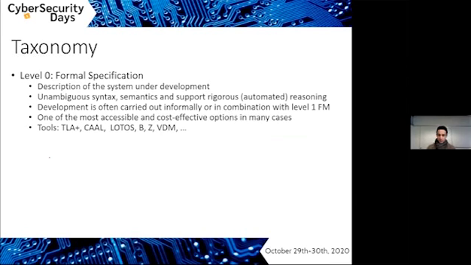And surprise, surprise, one of the most widespread in the industry. The idea here is that we use mathematical, formal languages to describe the system under development. We use an unambiguous syntax in order to get semantics and support automated reasoning.